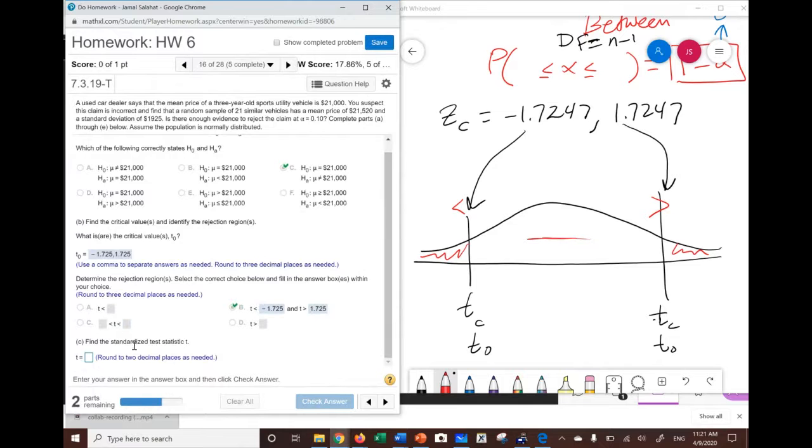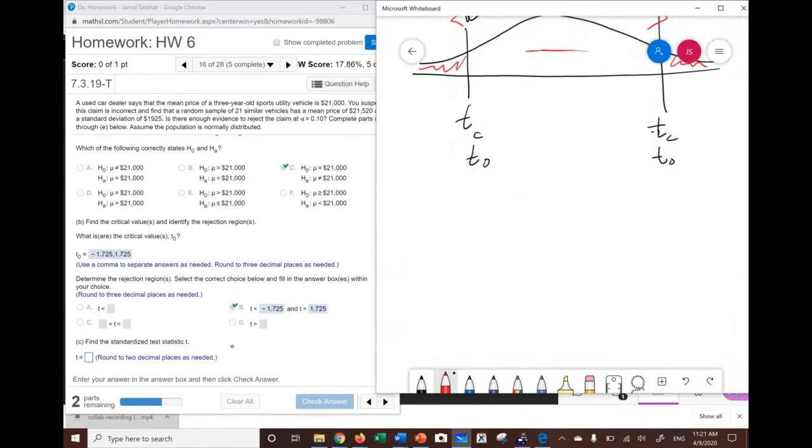Now, the next step will be to find the standardized test statistic. To find the standardized test statistic, you're going to go Stat, and you're going to go to T stats. And again, remember, sigma is not known, is unknown.